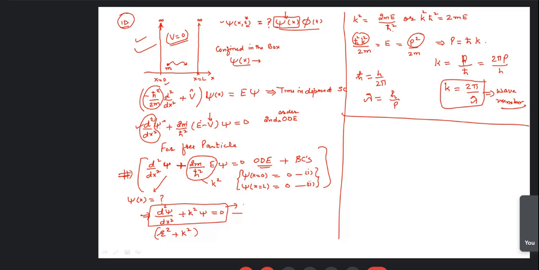If you remember, we assumed a solution of this type, e raised to the power r x, and then we substituted this wave function in this, and we get this auxiliary equation equals to 0. We said that this decay is slow as compared to this, and then we say that this is 0. Or I can write from this that r square is minus k square, r is plus minus iota k.